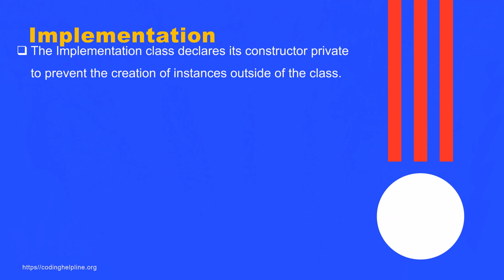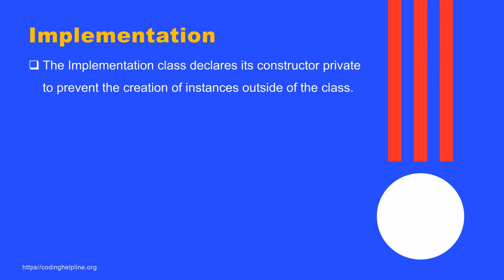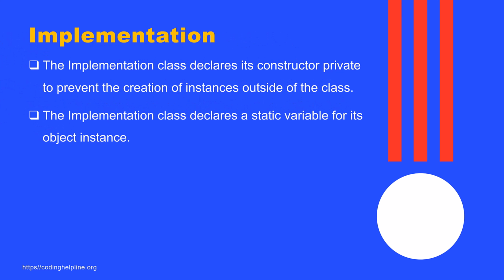Implementation. The implementation class declares its constructor private to prevent the creation of instances outside of the class. So this class cannot be invoked from outside of the class. The implementation class declares a static variable for its object instance.